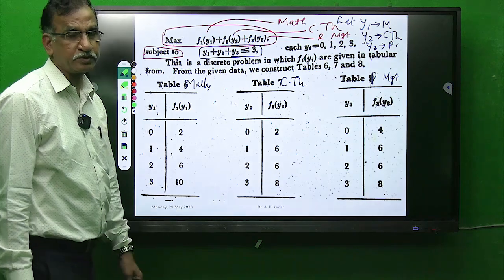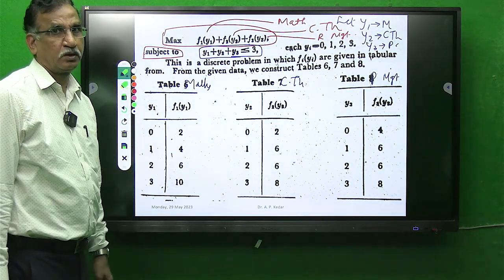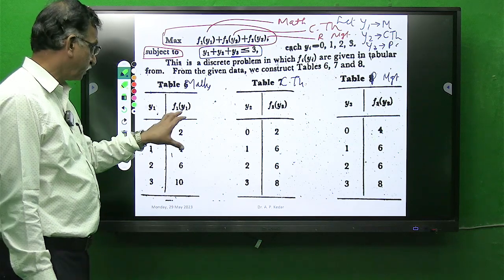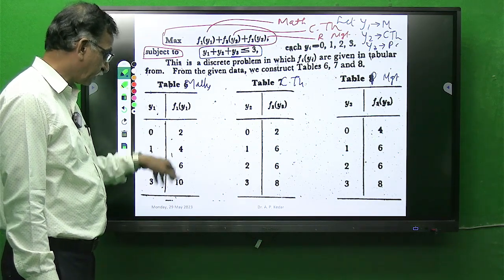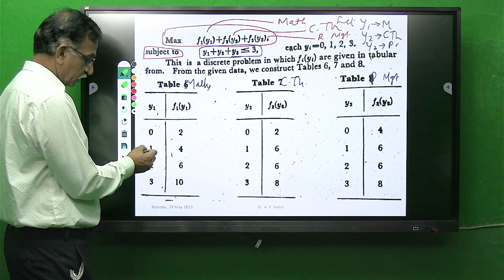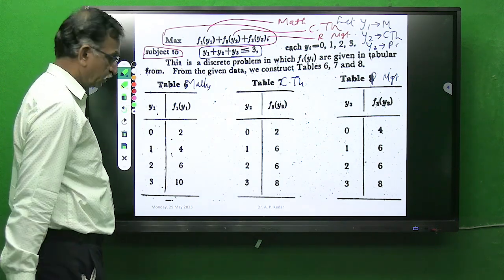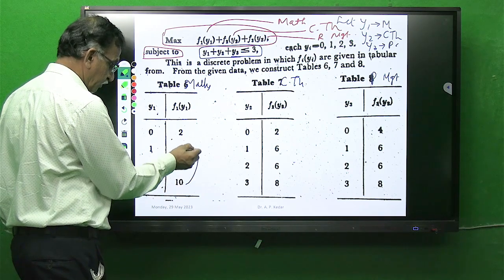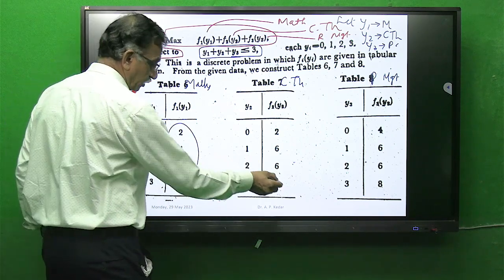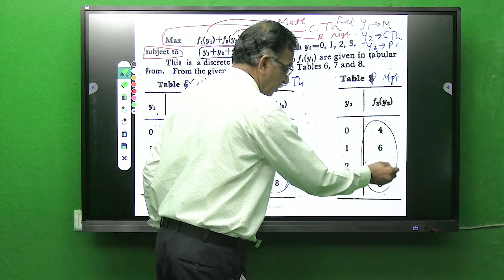As mentioned in the problem, we have taken these vertical columns: if you devote 0, 1, 2, 3 days to each subject, these are the respective outcomes.